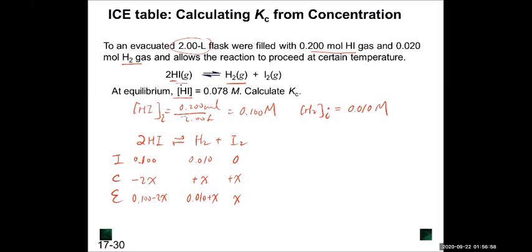But we have the equilibrium concentration for HI. This is actually given. So for the equilibrium concentration of HI, we have the mathematical formula, and we also have the value. That's where we can solve for x.